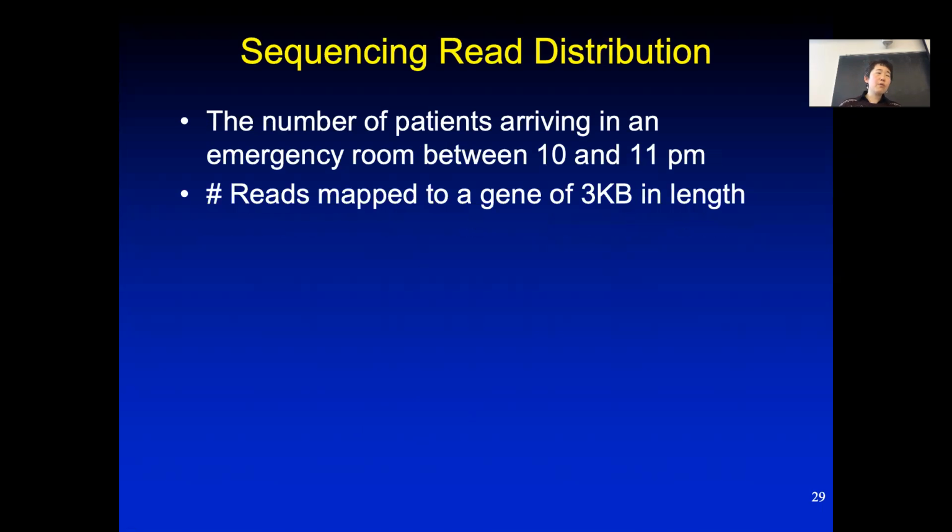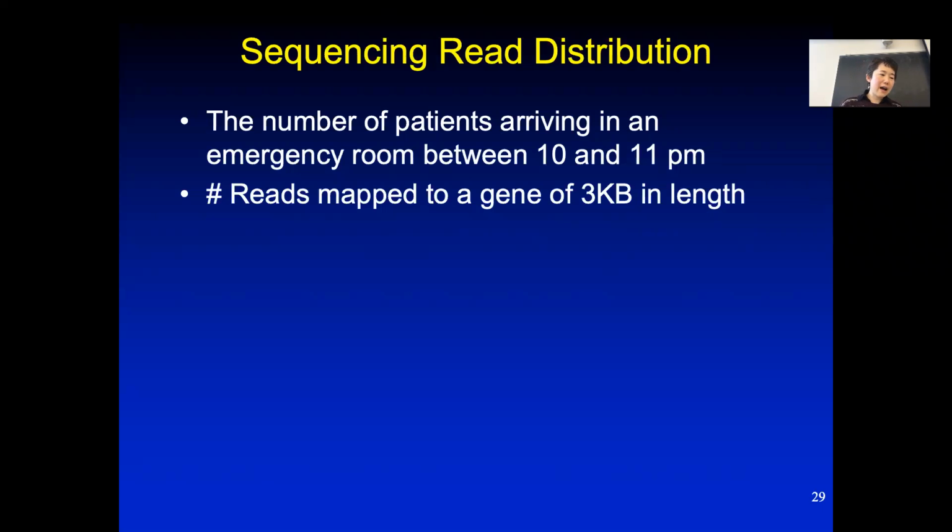Think about it. The whole human genome is very big. The number of reads that land somewhere is not that high, especially in the early days when people were sequencing like 5 or 10 million reads out of a genome that's 3 billion in size. And so the read landing in a specific location is very small.